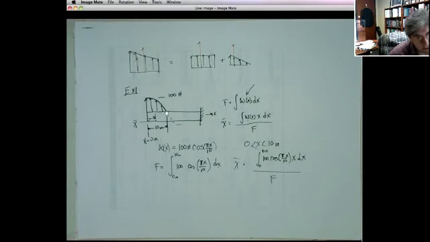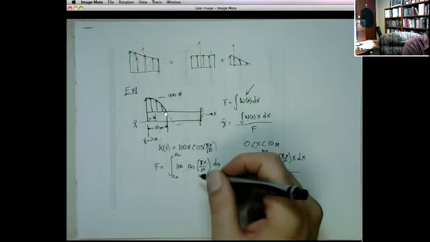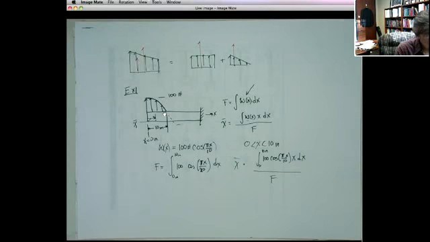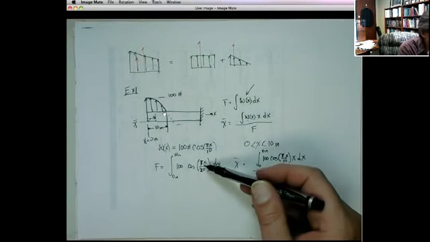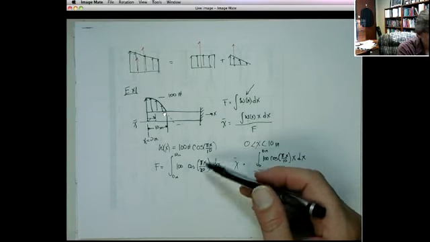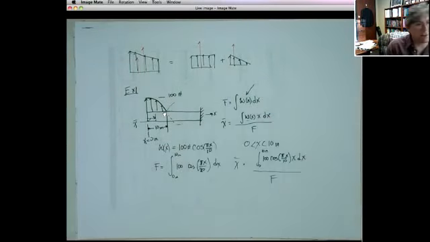This is pi on 2. This point here should be pi on 2. So in fact, it should be pi on 2 times 10. In other words, pi on 20. So again, if I put 10 in here for x, this gives me pi on 2, which is that point. Okay? Sorry.